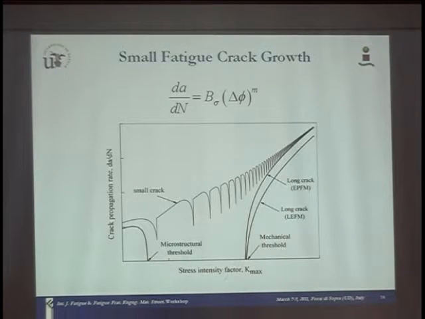Okay. So that is effectively Paris law type data, isn't it? And then in the KT diagram, you're using a measured long crack threshold, and are you calculating the El Haddad constant?